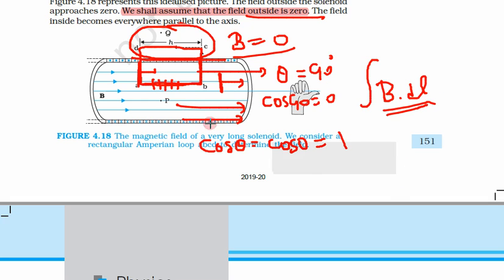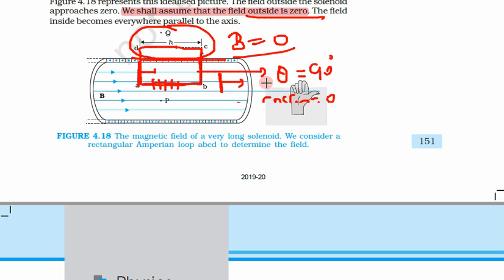So what did we see? We saw that for the AB region, this is parallel to the field. This region and this region are perpendicular to the field. So the contribution is cancelled out, and outside it is already 0. So only the contribution from the AB region remains.